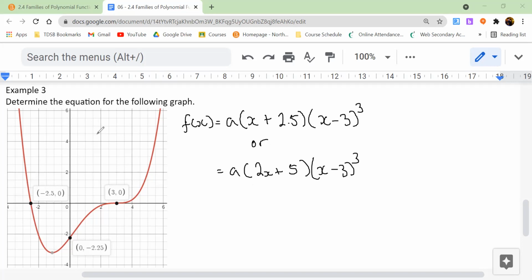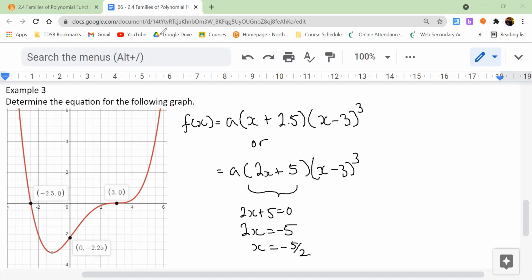Let me explain. If you take a look at the first equation I wrote, because the x-intercept is negative 2.5, I wrote positive 2.5. However, you also know that if the binomial is 2x plus 5, and make that equal to 0, 2x is negative 5, and therefore x is equal to negative 5 over 2, which is the same x-intercept.